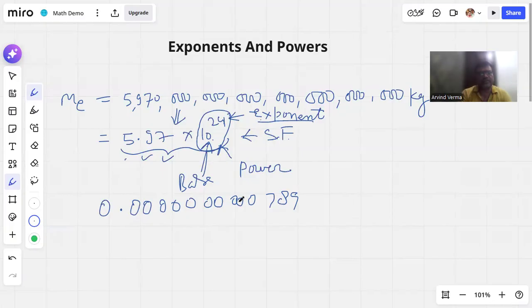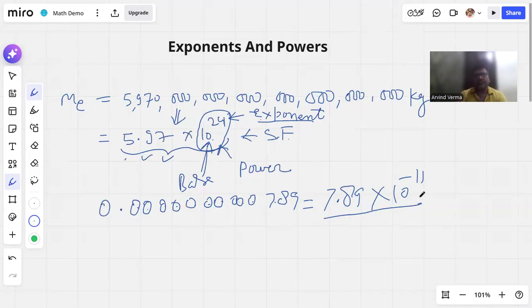But if I write this, 1, 2, 3, 4, 5, 6, 7, 8, 9, 10, 11, 7.89 into 10 raised to the power minus 11, then it is easy to read, short and simple.